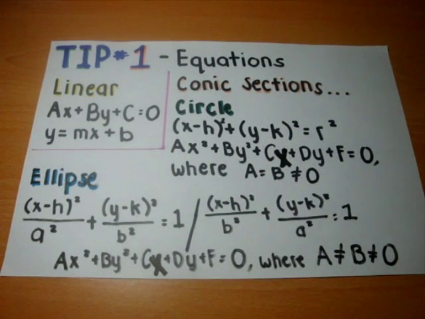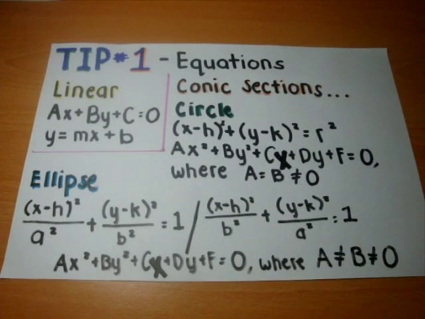First, the circle. A circle has a standard form of (x - h)² + (y - k)² = r², and a general form of ax² + by² + cx + dy + f = 0, where a and b are not equal to 0, and they are both equal.